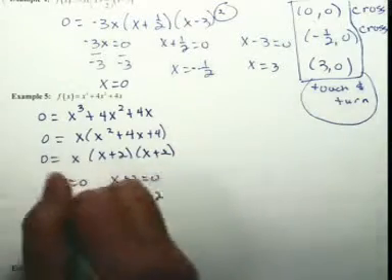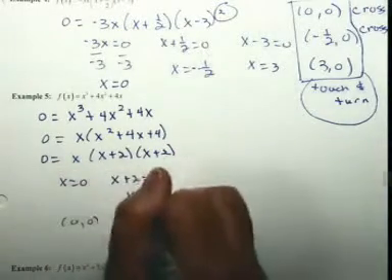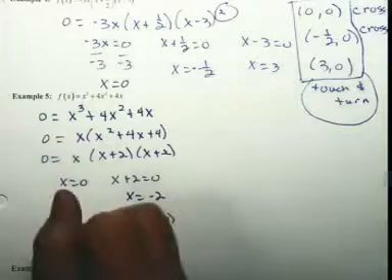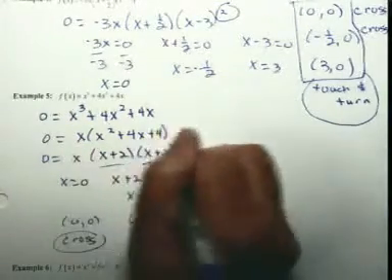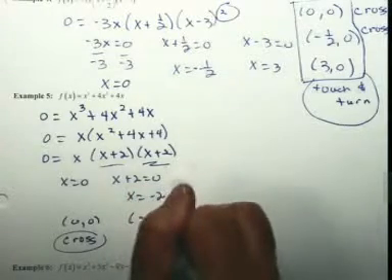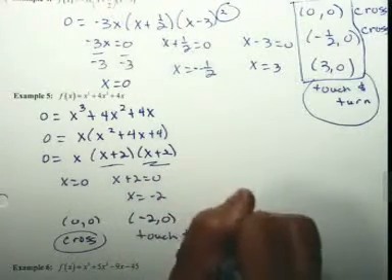Now, you can list it twice, or you can just remember that this one is a cross, but because this one occurred twice, it's going to be a touch and turn.